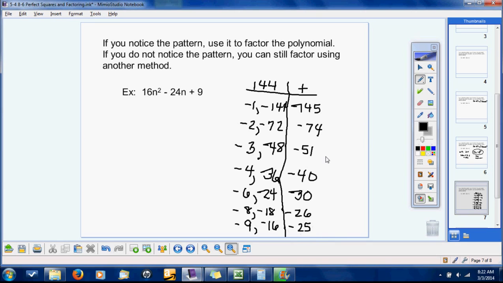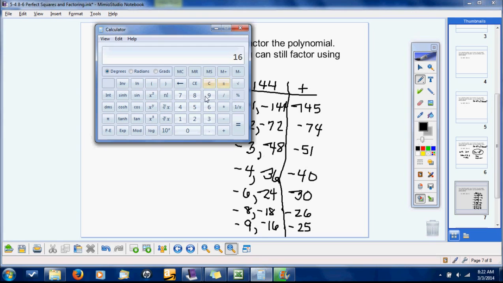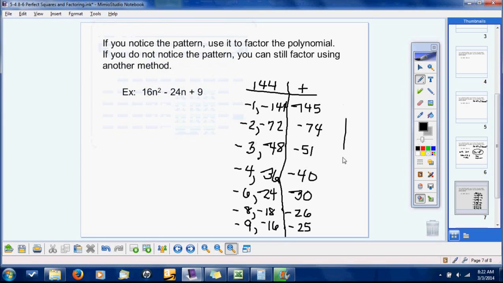Not quite. Aha, there it is. Negative 12, negative 12. Now some of you, it may have jumped out at you a little bit sooner than that. There's our negative 24.